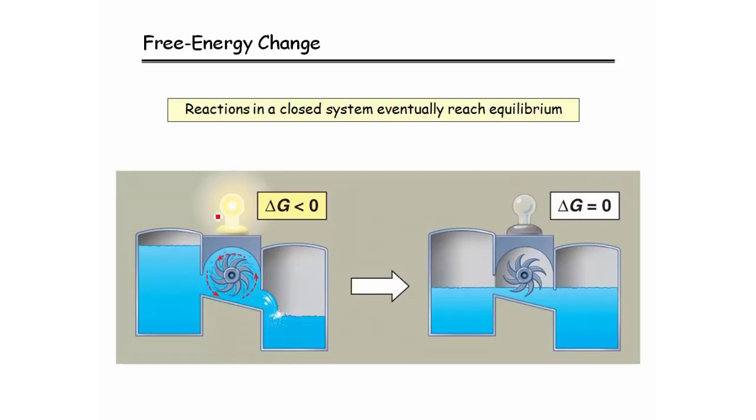Now, if there is no water coming in and there's no water going out, eventually we're going to get to the second picture here, where we see that the water has evened out, the wheel has stopped spinning, and the light bulb's not on. That would be where we're actually at equilibrium. Now, if we're at equilibrium, basically nothing is happening. So for a living organism, equilibrium of all of the reactions would be a dead organism because nothing is happening. So we never want to get to equilibrium.